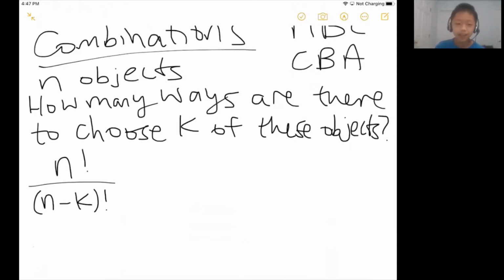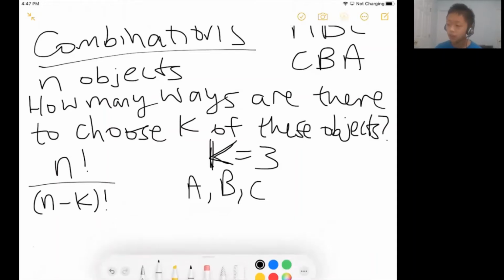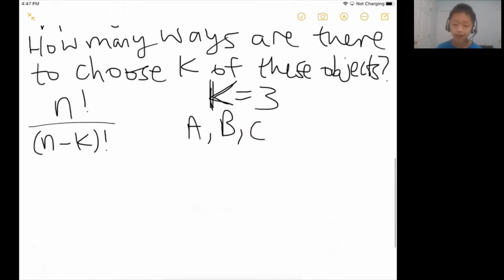But luckily this is pretty easy to fix. Once you choose k objects, let's say k equals 3, just to give us specific numbers to work with, and let's say our 3 objects were A, B, and C. In the permutation, we overcounted by some number.